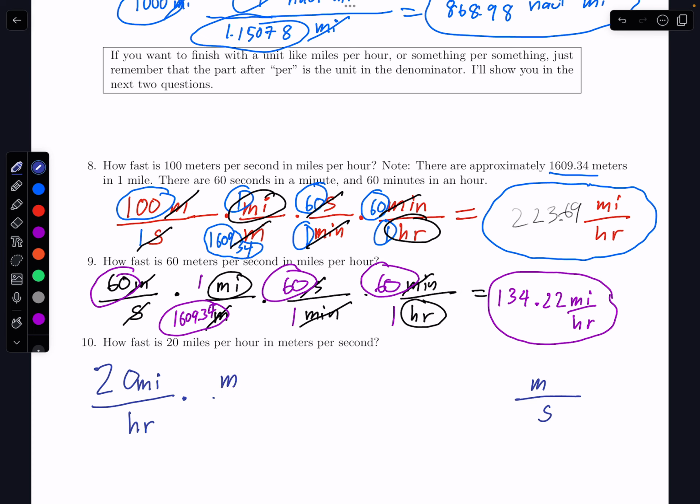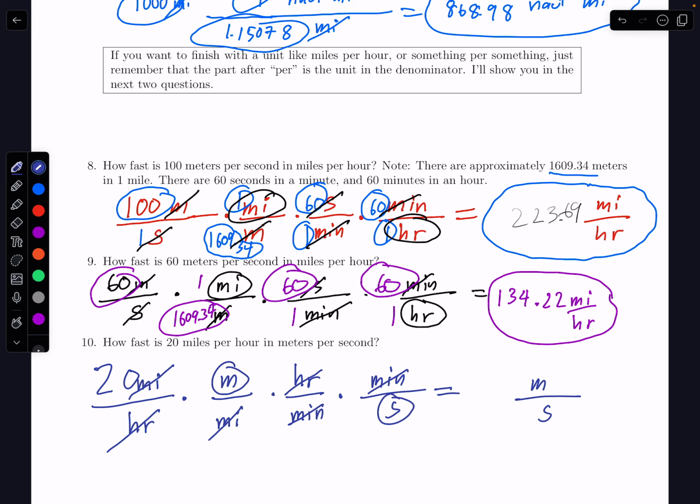So multiply by meters on the top, divide by miles on the bottom. I cancel out the miles. Now I want to get rid of hours, change it to seconds. So I'm going to multiply by hours on the top over minutes first, because that's the conversion I know. And then multiply by minutes on the top, seconds on the bottom. That takes care of the minutes. So I'm left with meters per second like I wanted.